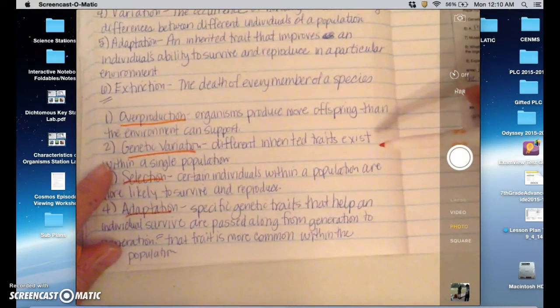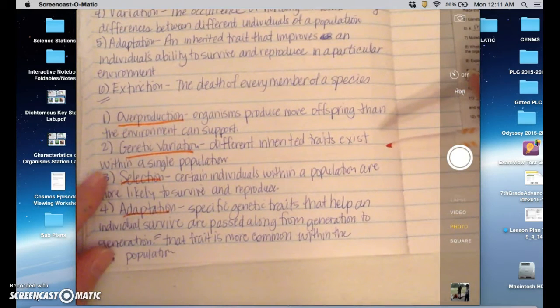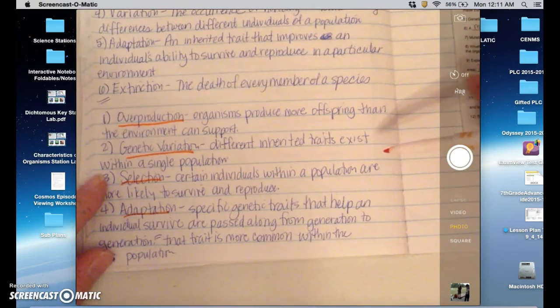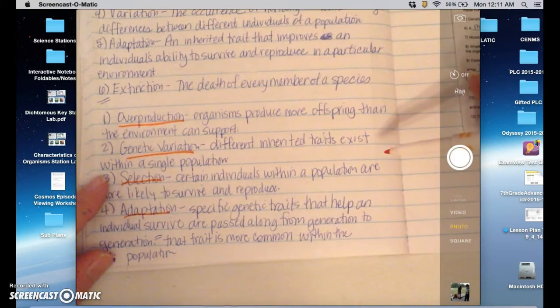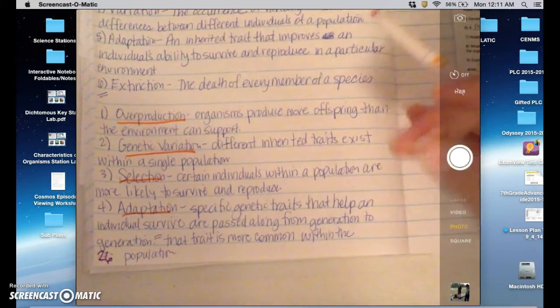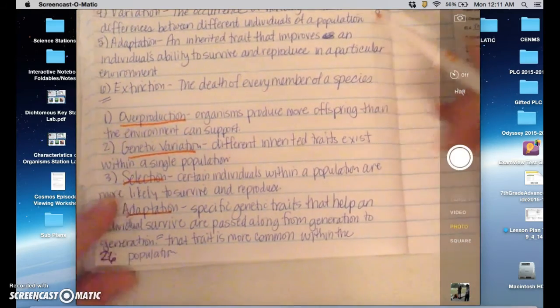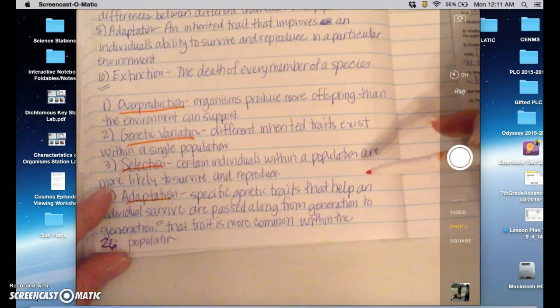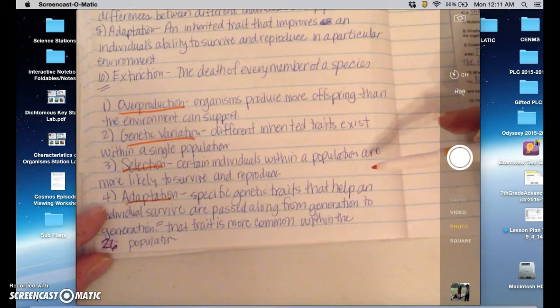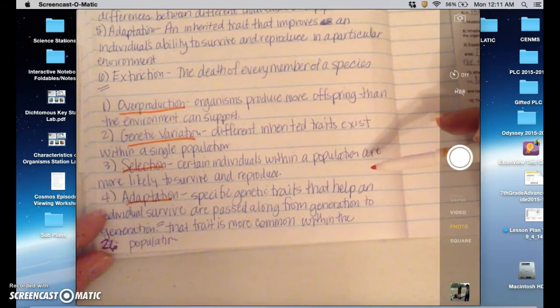You've got genetic variation, which is different inherited traits exist within a single population. So in the video that you'll watch about the rock pocket mouse, you will see that there are some tan mice and there are some black mice. And this is the genetic variation that can happen within a single population or a single species. Number 3 is selection. Certain individuals within a population are more likely to survive and reproduce based off of predators.